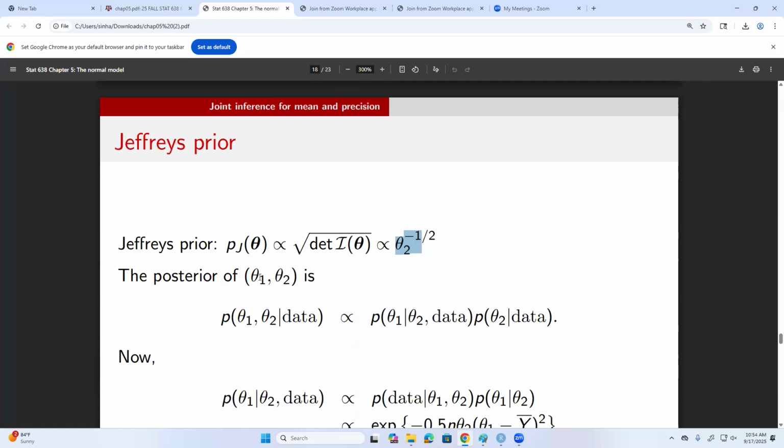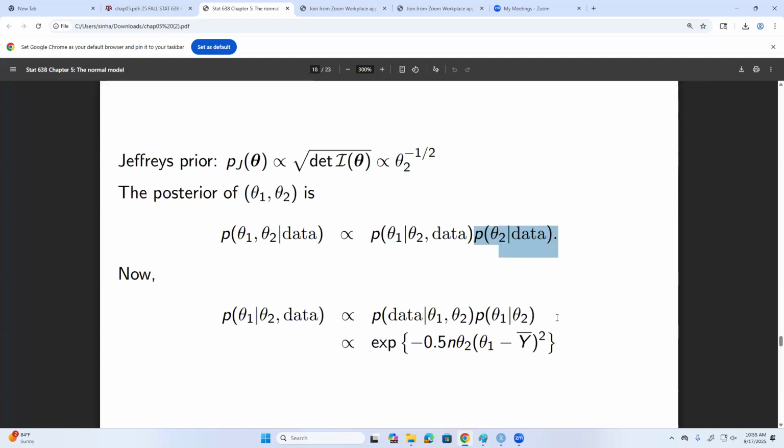So the posterior of theta 1 and theta 2 is again the conditional distribution of theta 1 given theta 2 comma data, and the posterior distribution of theta 2 given data. Now let us calculate the conditional posterior of theta 1 given theta 2.